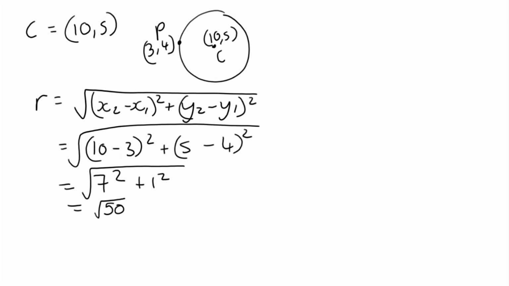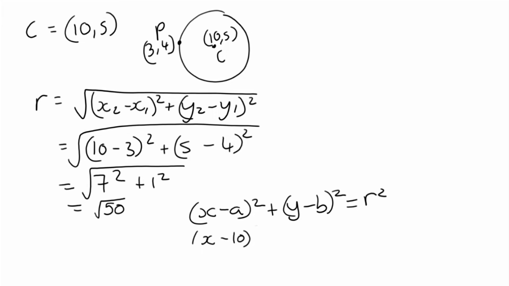Now you just pop it into x minus a all squared plus y minus b all squared equals radius squared. You have to use the centre, so x minus 10 all squared plus y minus 5 all squared equals 50. The square root of 50 squared would just be 50.